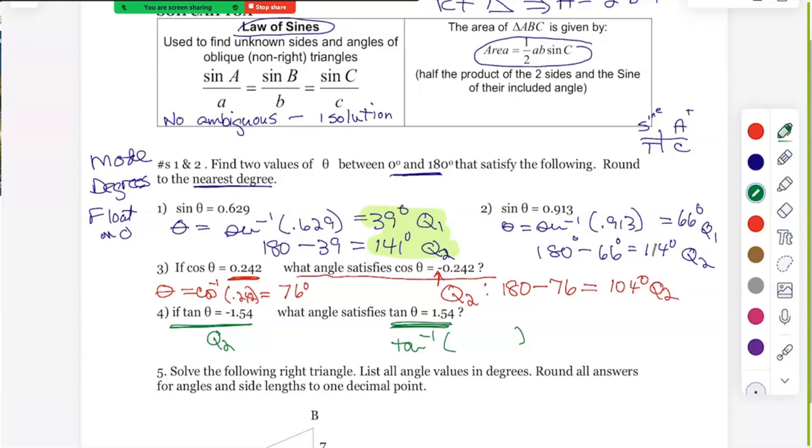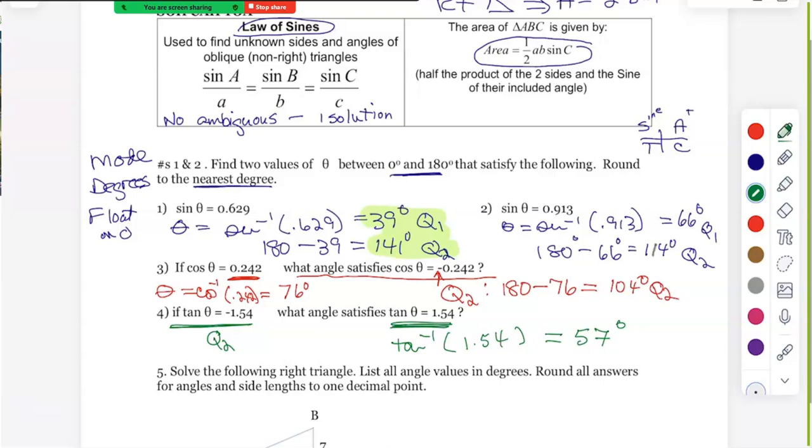The answer will mislead you. Always put in these values as positive, and be aware that you will always get back an angle in the first quadrant. This angle that they want is 57.